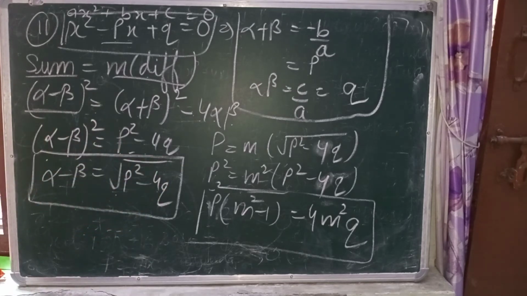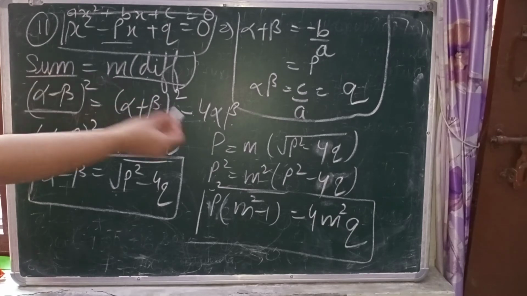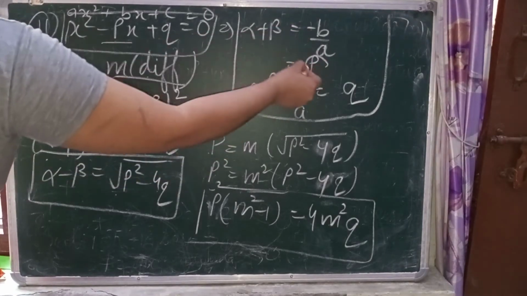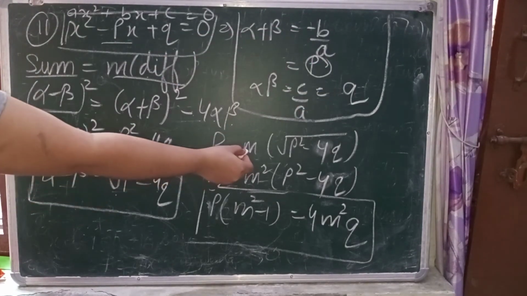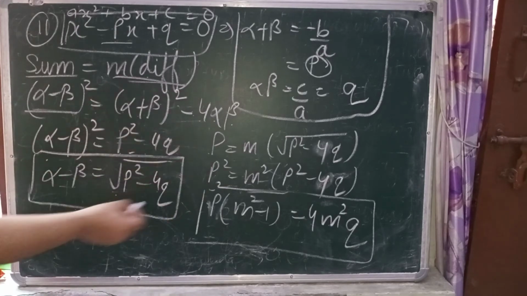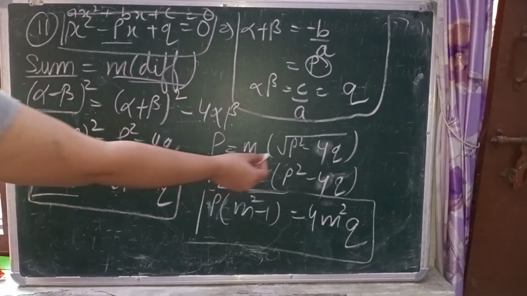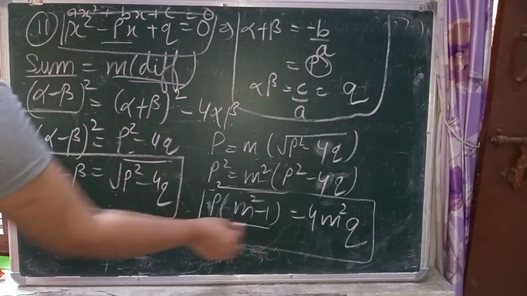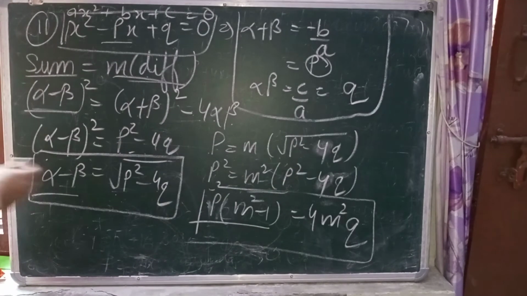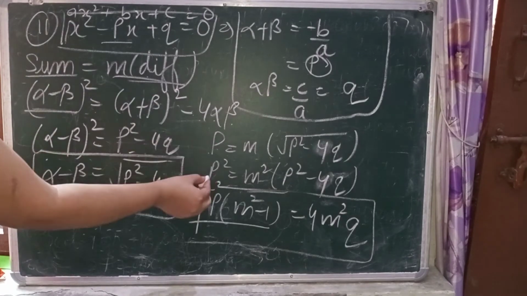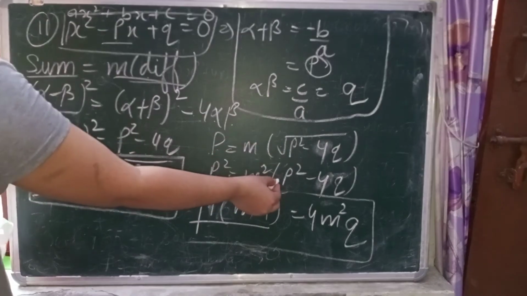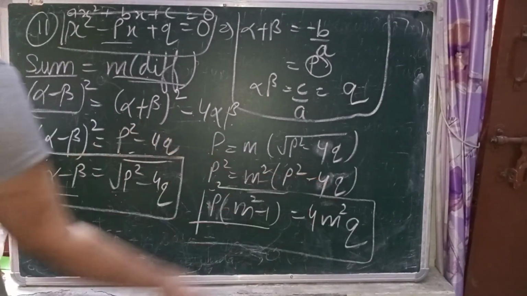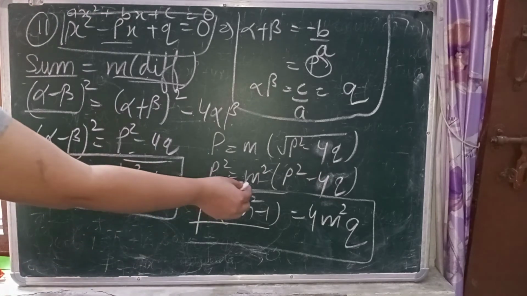Now we are applying the condition, as they said that the sum of the roots p is equal to m times the difference of the roots, and the difference here we got is under root p square minus 4q. So they are asking to prove this one. What we did, we squared both sides, so it will be p square equals m square, the under root will be removed, so it will be 4 square minus p square minus 4q.